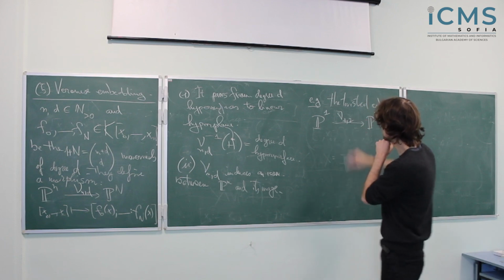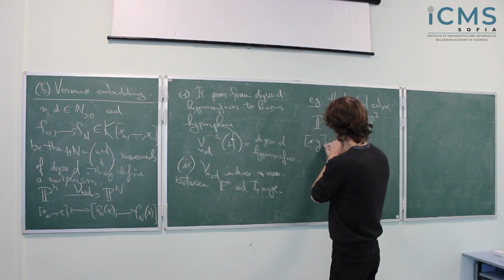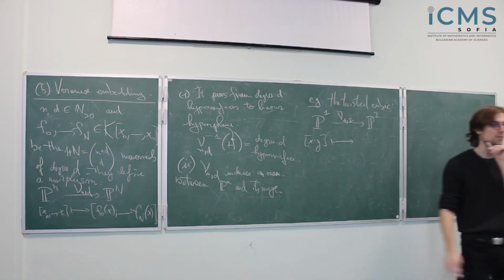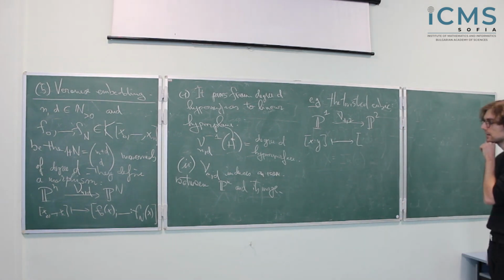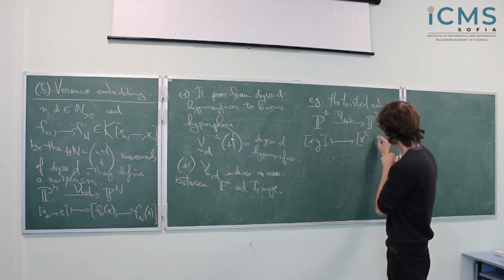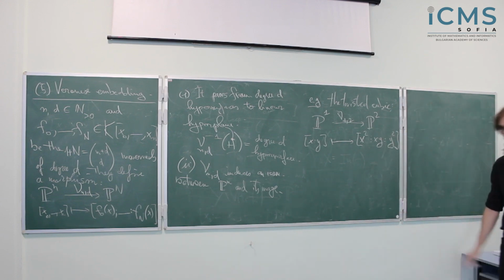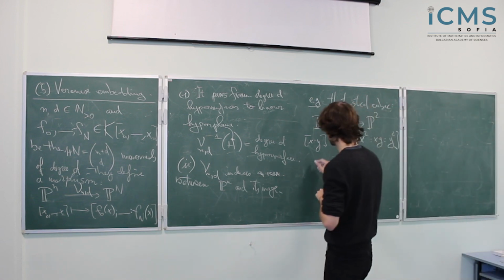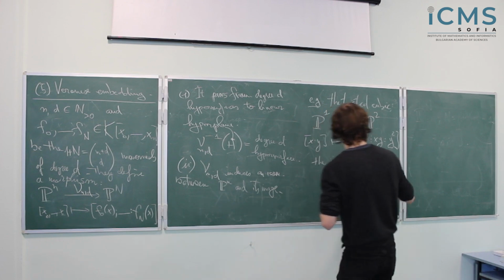And we consider degree 2. Consider x and y, okay? And there are only 3 degree 2 homogeneous monomials. We have x squared, xy, and y squared. Right? And its image is called the twisted cubic.